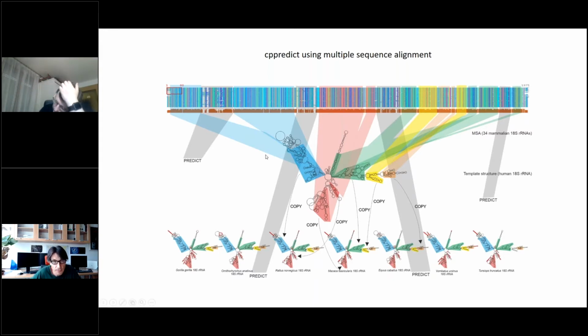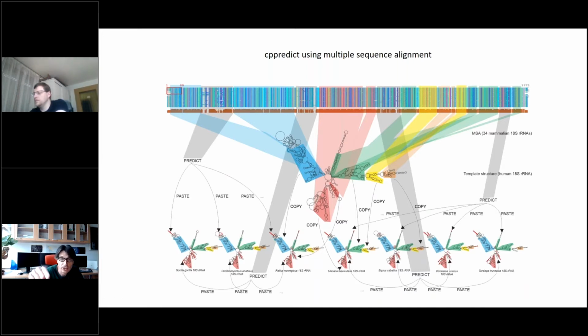So the structure of these segments is predicted de novo, using individual sequences for every RNA and only the sequences that are in the inconsistent blocks. And these newly predicted structures are pasted to the copied structural blocks, and they are matched together to form the resulting predicted structure.